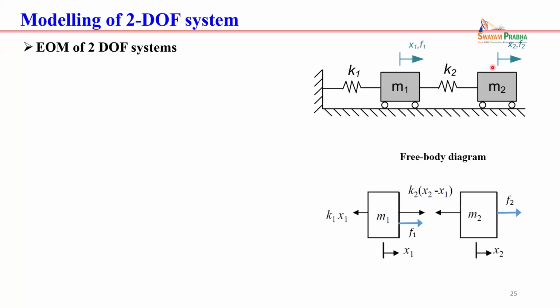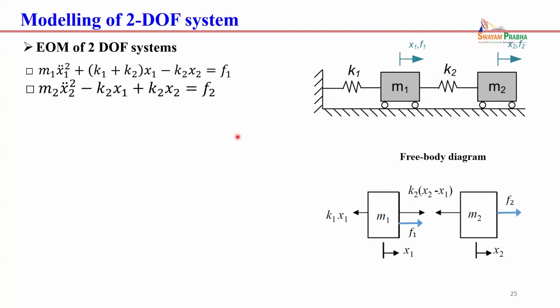For example, you draw this free body diagram: this is the excitation force, then the spring force, K times the relative displacement. Similarly, you can draw the other free body diagram. After that, you use Newton's law to write the motion equation, right? This mass, stiffness, and this excitation force.